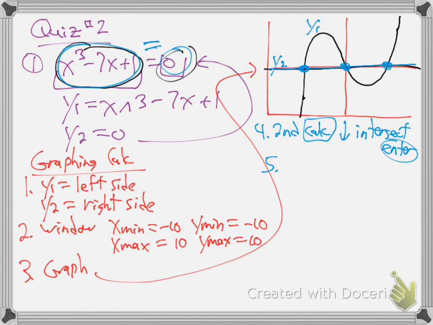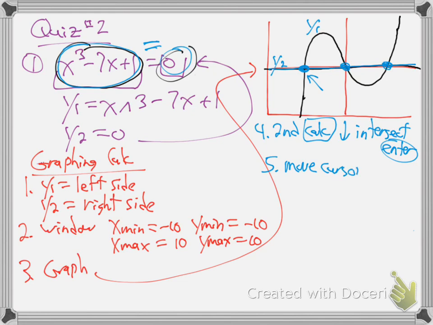Then on step 5, you'll have a cursor and you move the cursor. We're going to find this one first. Oh, I'm sorry, I'm confused. You don't need to move the cursor anywhere. Just hit enter 3 times. No, I'm sorry, I keep changing my mind. You do have to move the cursor.